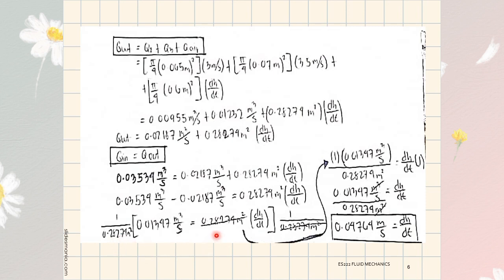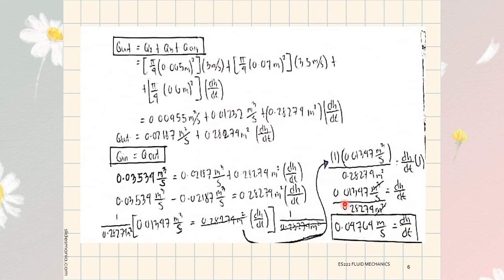Then we cancel the same unit and write the remaining value. So 1 times 0.01347 cubic meters per second over 0.28274 square meters equals dH over dt times 1.